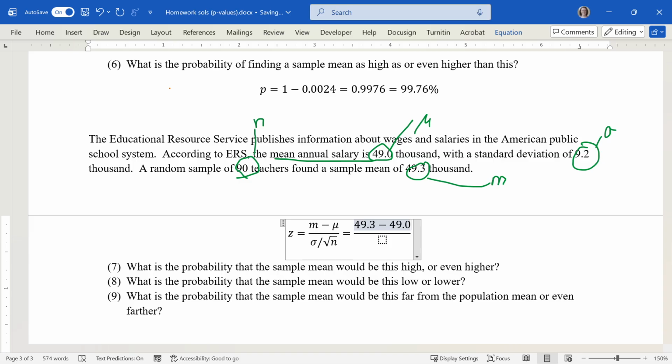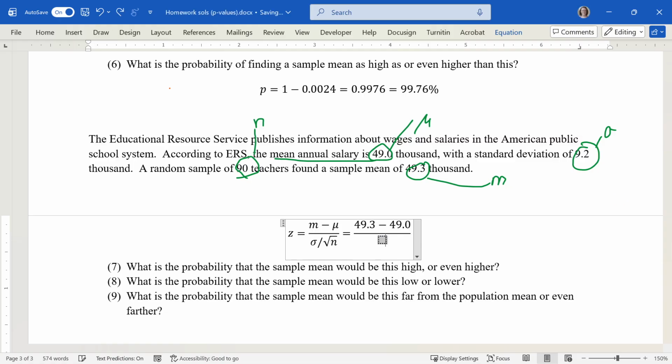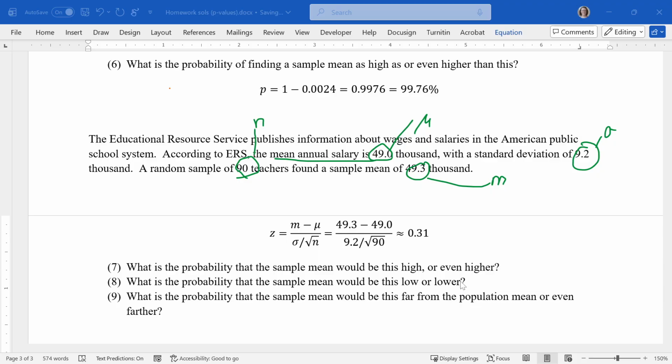So I already see I'm going to get a positive z-score. It's going to be to the right of the middle. And then on the bottom here, 9.2 divided by the square root of 90. Okay, so now I throw this in a calculator. Hopefully I do this part right. Okay, so I got 0.31.